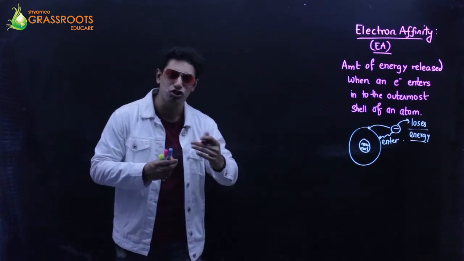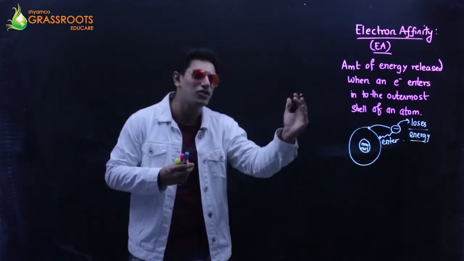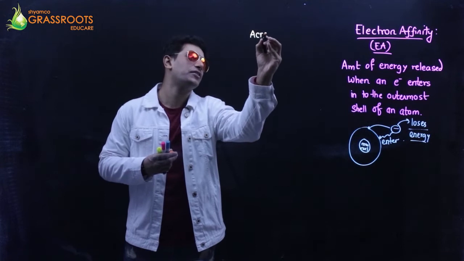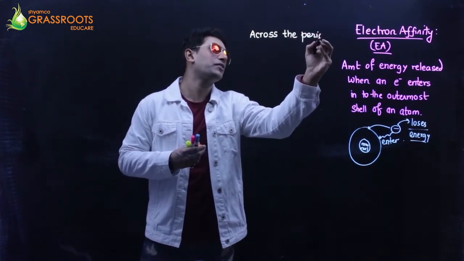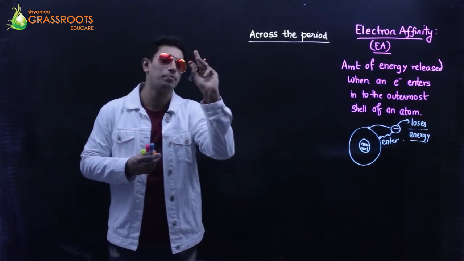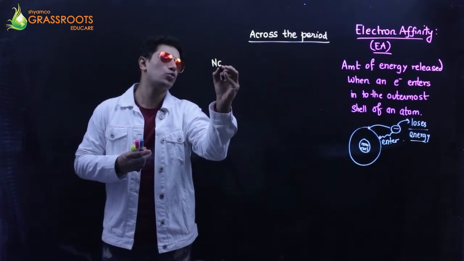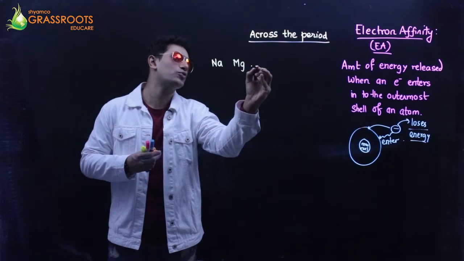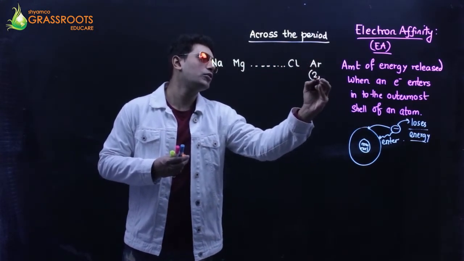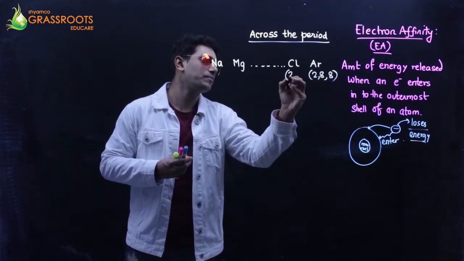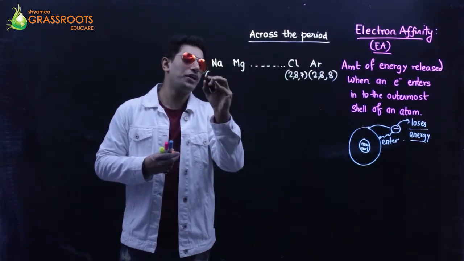If you talk about the property, the nature across the period, behavior across the period, let's see it. So across the period from left to right, we're going to always speak about the third period. So we have again sodium, magnesium, aluminium and so on, chlorine, and we have argon. 288, 287, 281.